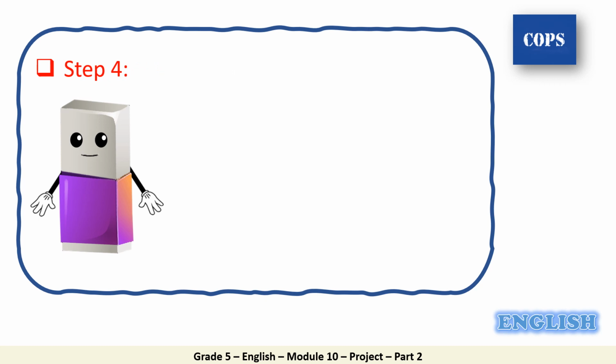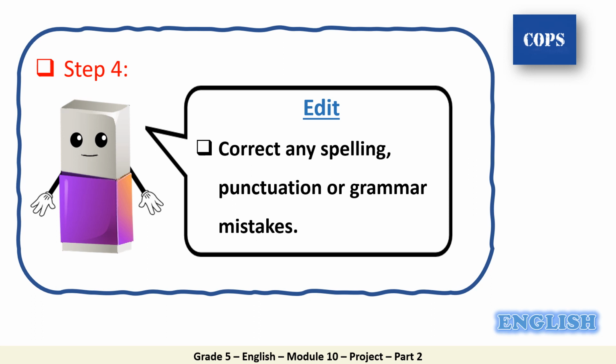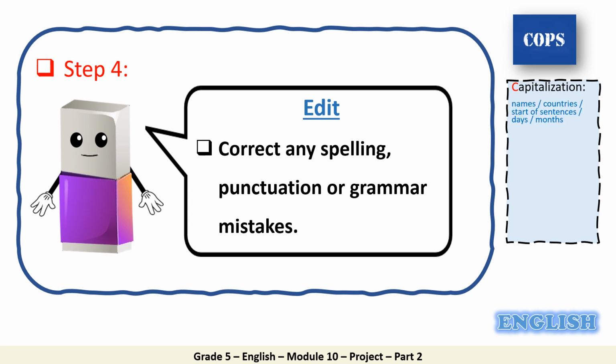Let's start the fourth step. Edit. Here you can correct any spelling, punctuation, or grammar mistakes. You have to use capitalization for the name of a person, countries, the start of the sentence, days, months, and so on.